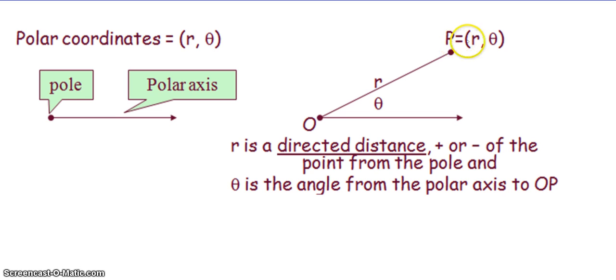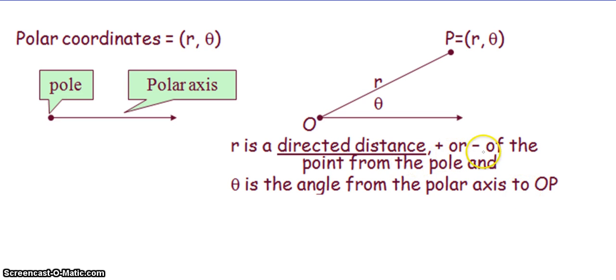So then we have a point P, which can be represented as r comma theta. So r is a directed distance, so positive or negative, of the point from the pole, and theta is the angle from the polar axis to OP.